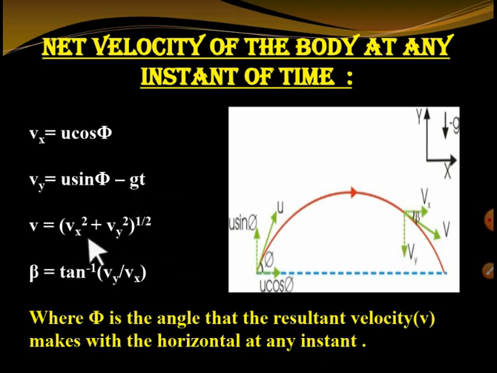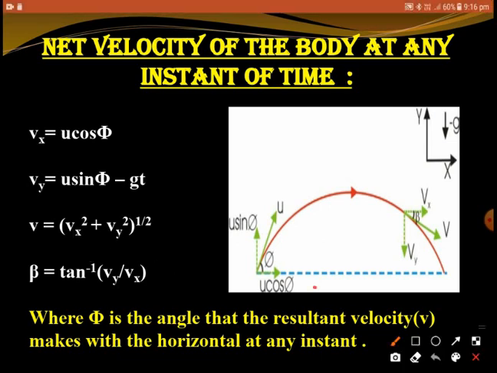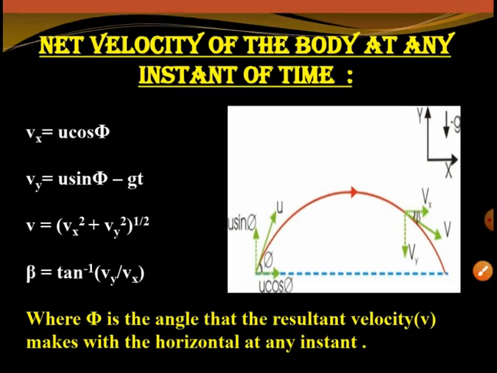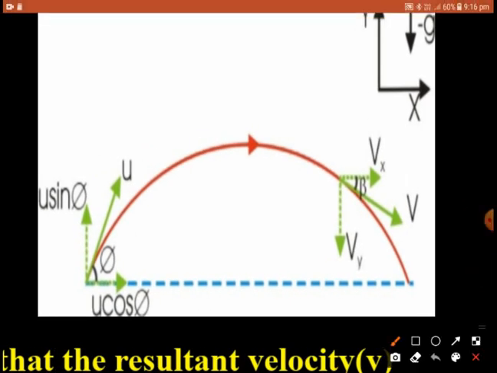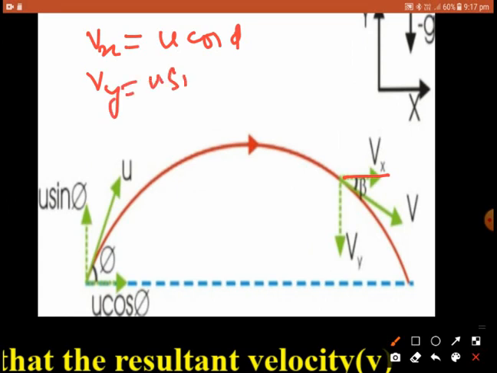Clear? So if you want to find out the magnitude of the vector quantity, then what happens? Let's take it in this way so as to make you see clearly. Let me zoom in like this. Your vx will remain the same, equal to u cosine of phi, but your vy will be changing depending upon this one, minus gt.